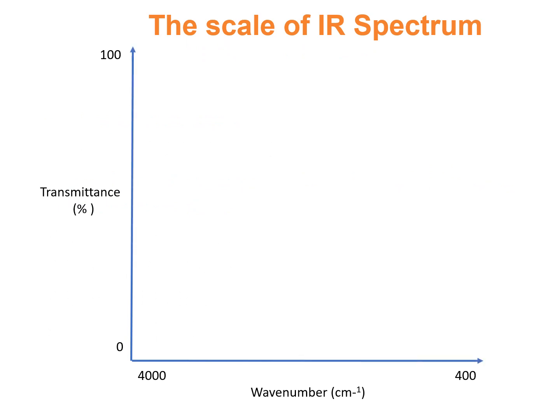So like any other spectrum, IR spectra is a plot. It is a two-dimensional plot having wave numbers on the x-axis and percent transmittance on the y-axis. Usually in the other spectrometric techniques, the simplest form UV, we have wavelength on the x-axis.